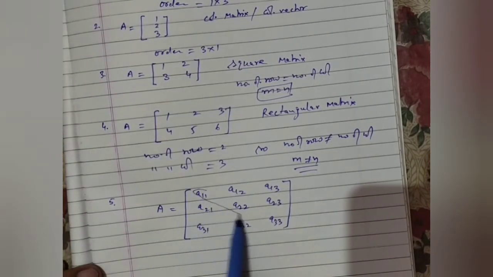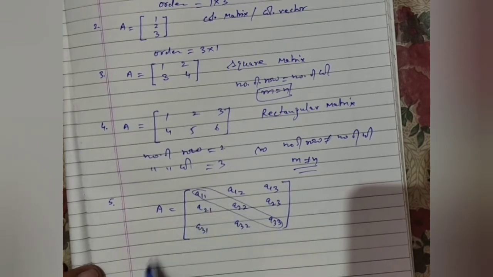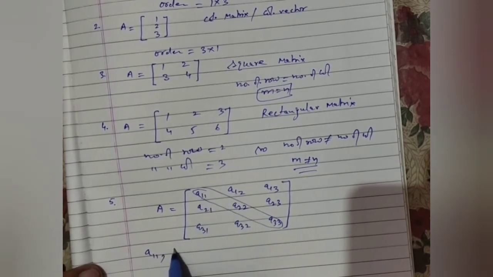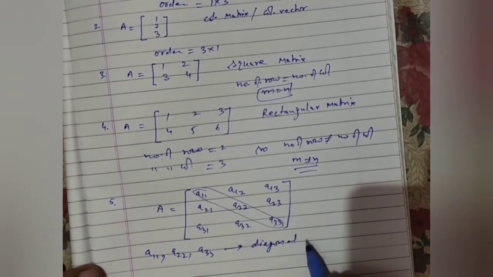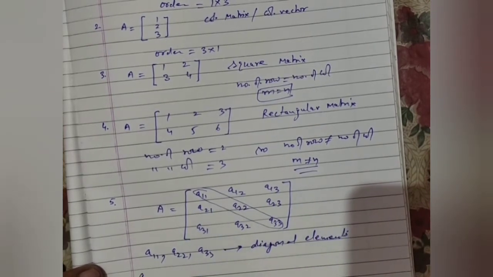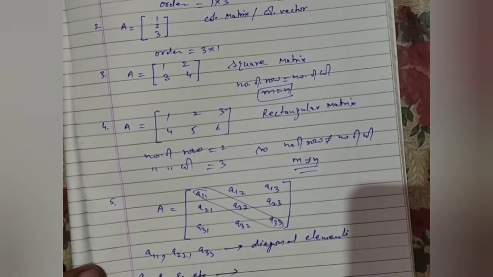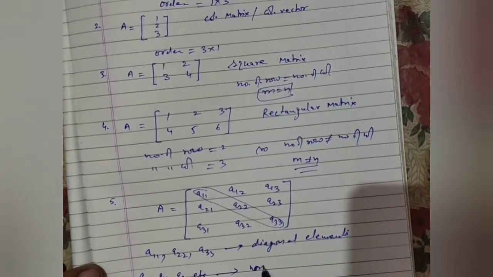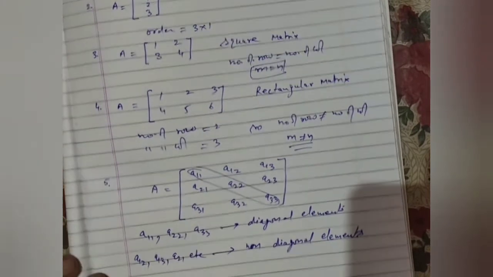These elements are called diagonal elements: A11, A22, A33. A12, A13, A21, etc. are non-diagonal elements.